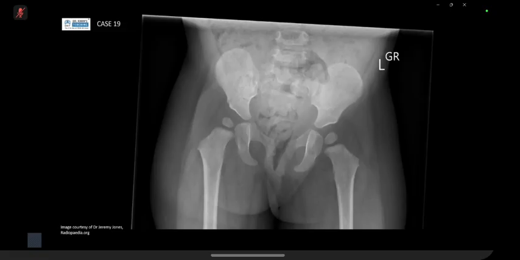I want to see the Hilgenreiner line, if the femoral head is within the medial two-thirds, and if there is soft tissue swelling or elevation. It's a bit tilted, the pelvic X-ray, not well centralized. However, I will raise the suspicion of right-sided DDH. Yep, well done.